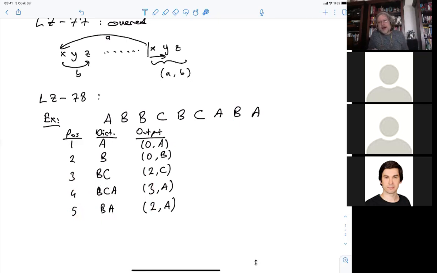So this is how the LZ78 algorithm works. This thing is slightly less efficient than LZ77 in terms of compression capability, because it's looking at the dictionary only. It's not looking at the whole past.